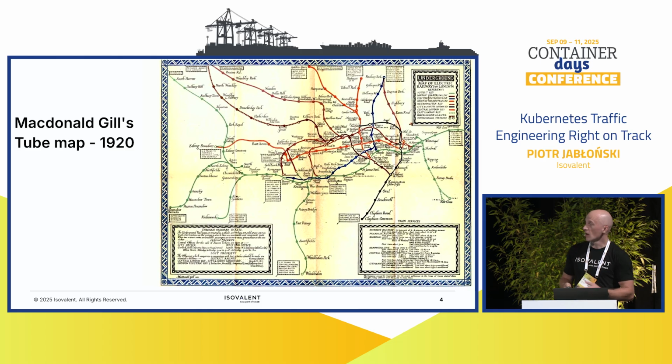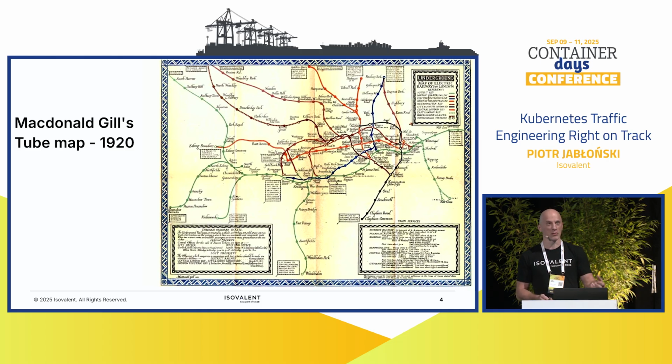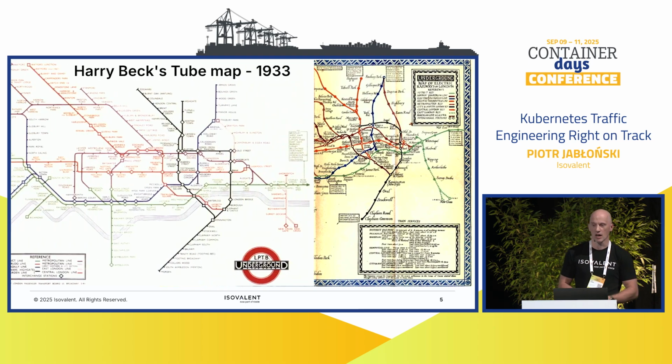And how we can solve that, how we can improve here. Probably you know, if you've been to London, a bit different map, which is created by Harry Beck in 1933. Of course, since then, the map evolved a bit, but look at the difference here.